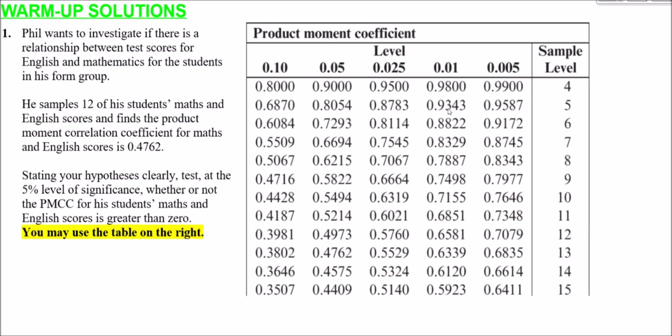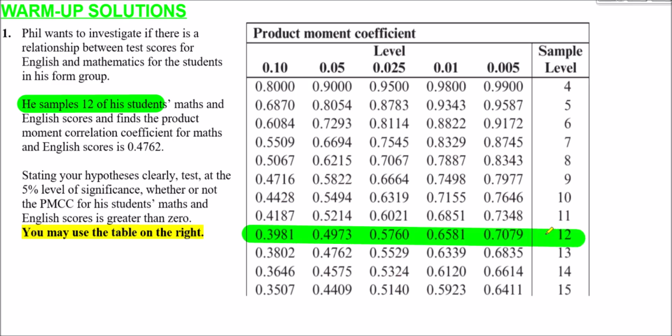So first of all, we need to spot how many students he's sampled. It does say quite clearly he's sampled 12 students. So because he's sampled 12 students, that means the sample size is 12, so we're looking at this row here. Now because he wants to test if there's a positive correlation, because we're wanting to see if the PMCC is greater than 0, it's a one-tailed test.